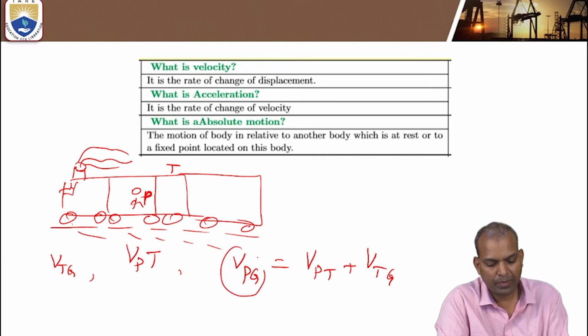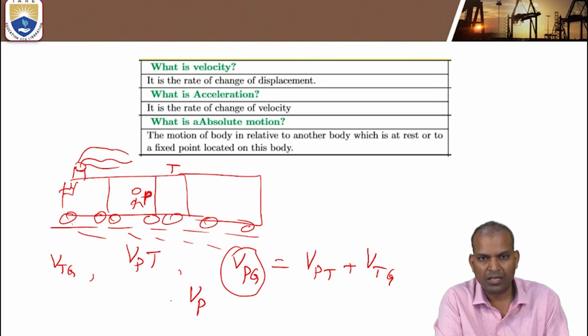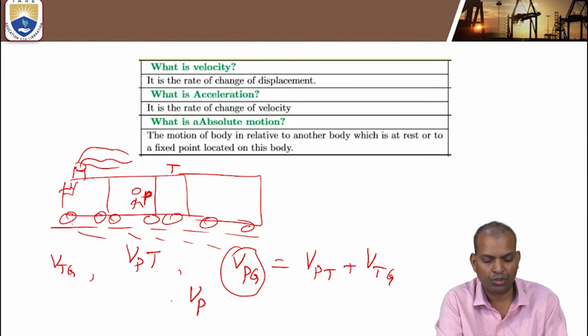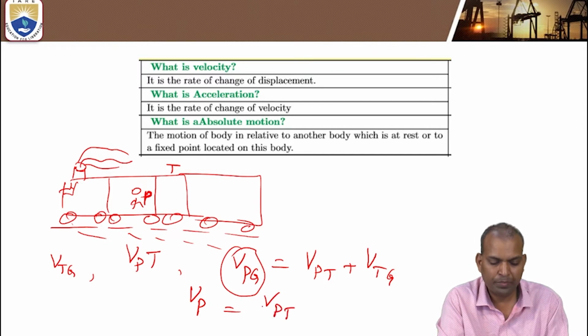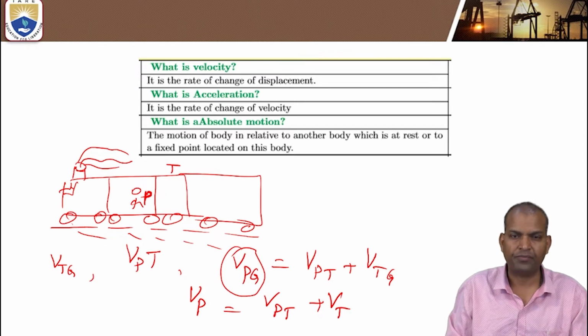Now, the velocity of the passenger with respect to ground is generally denoted as the absolute velocity Vp. That means Vp is the absolute velocity; by default it is with respect to the fixed body. The velocity of the passenger with respect to the train, Vpt, is the relative velocity. And the velocity of the train with respect to ground, Vtg, we generally simply mention as Vt.